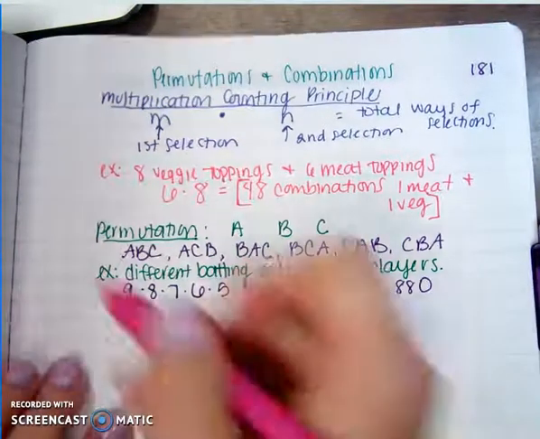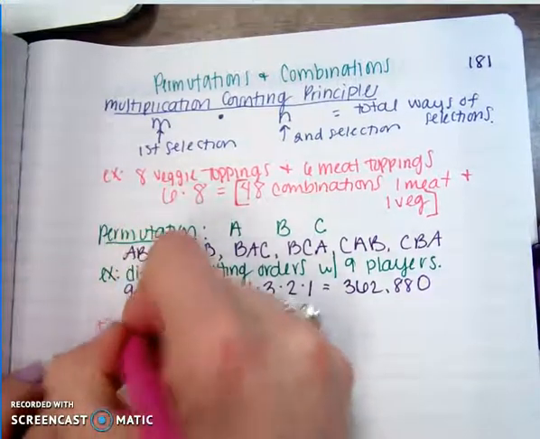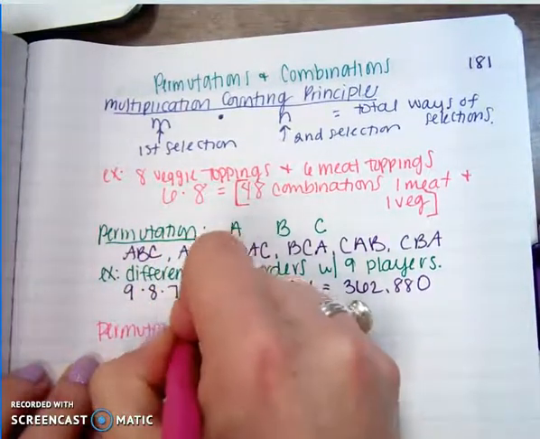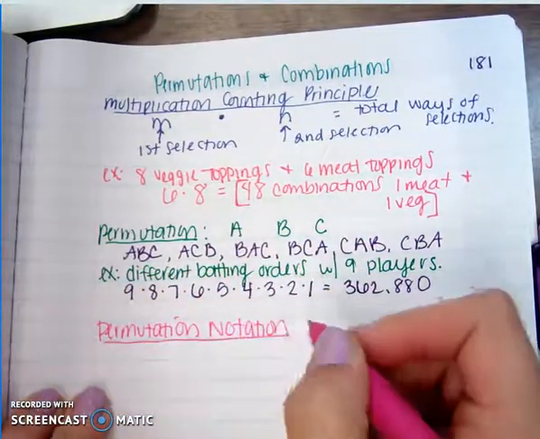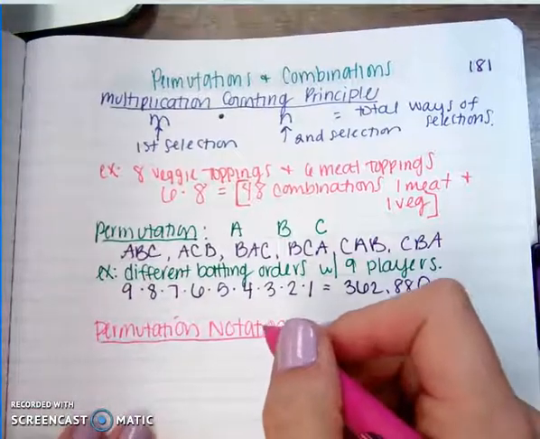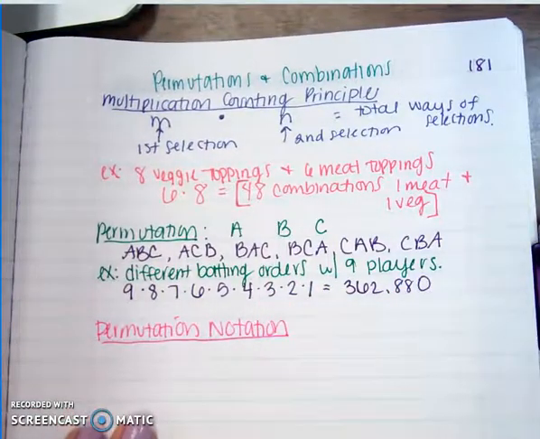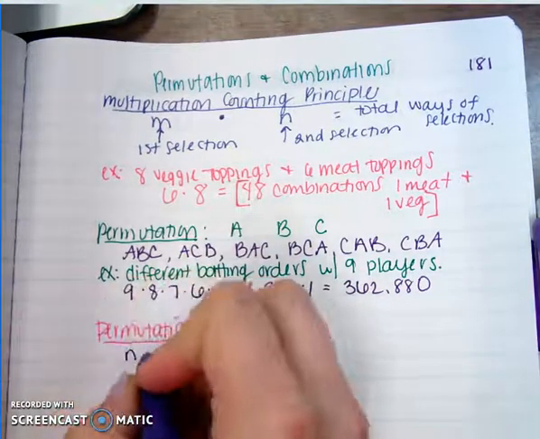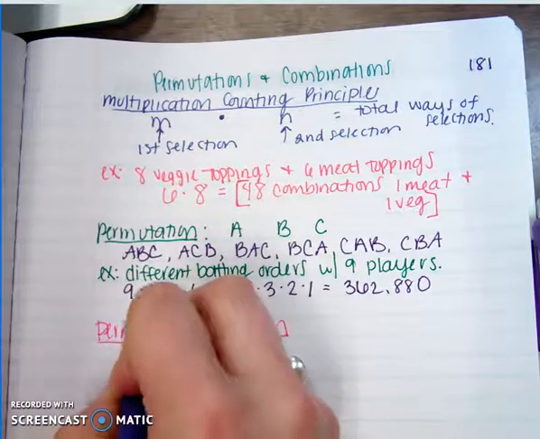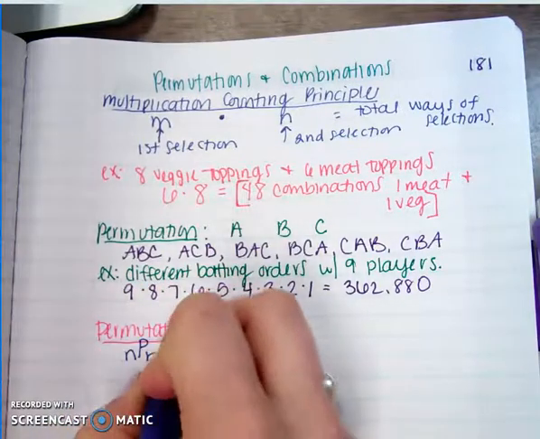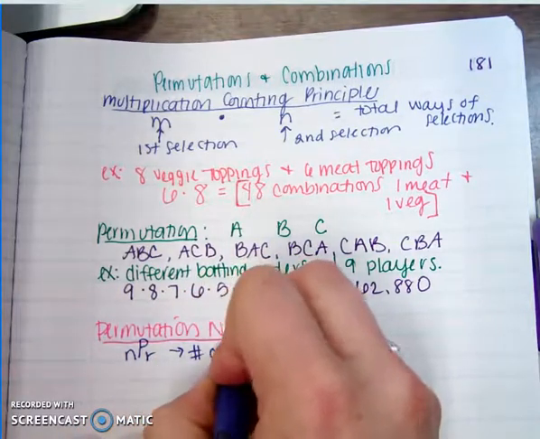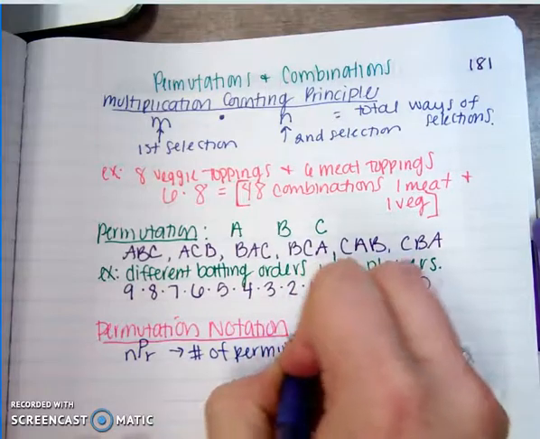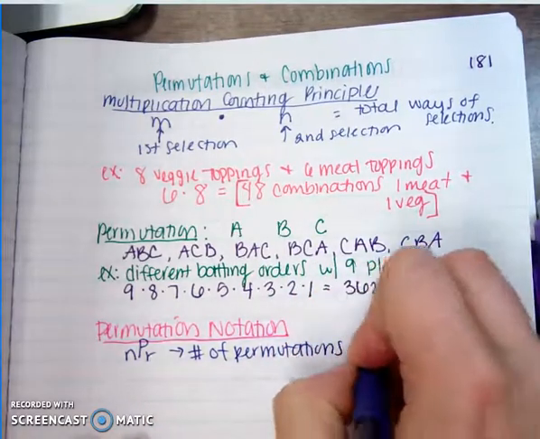So the next thing we're going to look at is permutation notation. So this is the permutation of n, that's a little n, a big P, and a little r. It means the number of permutations of n objects.